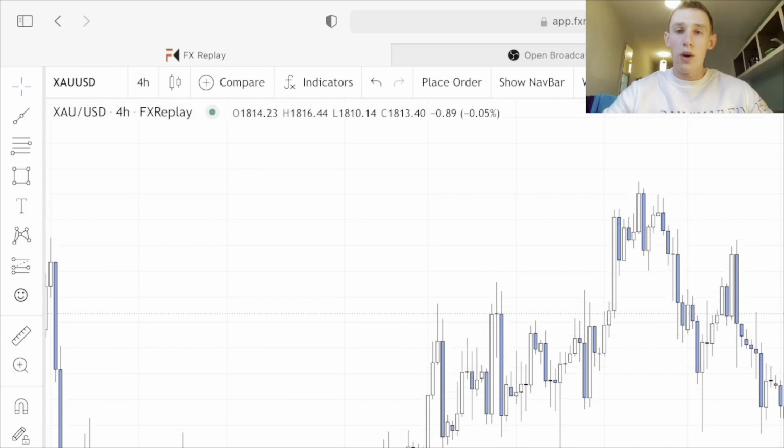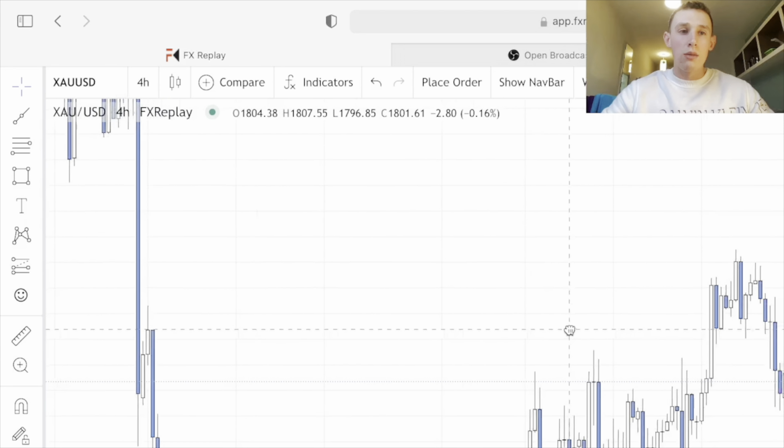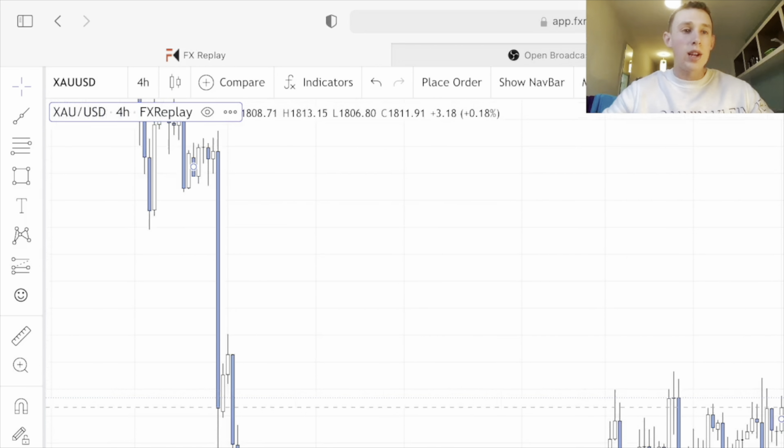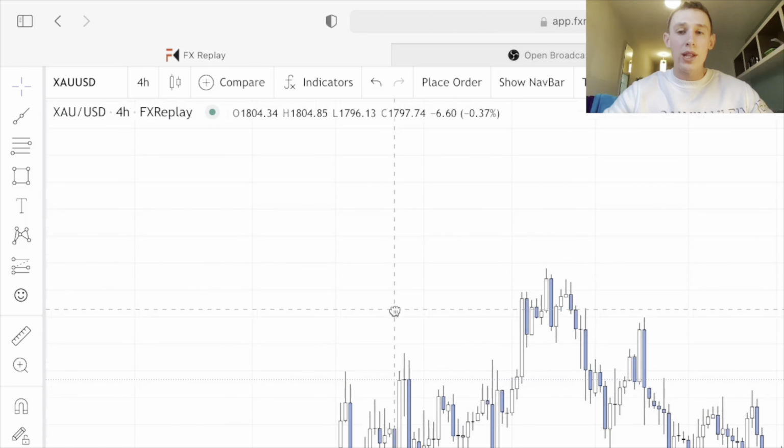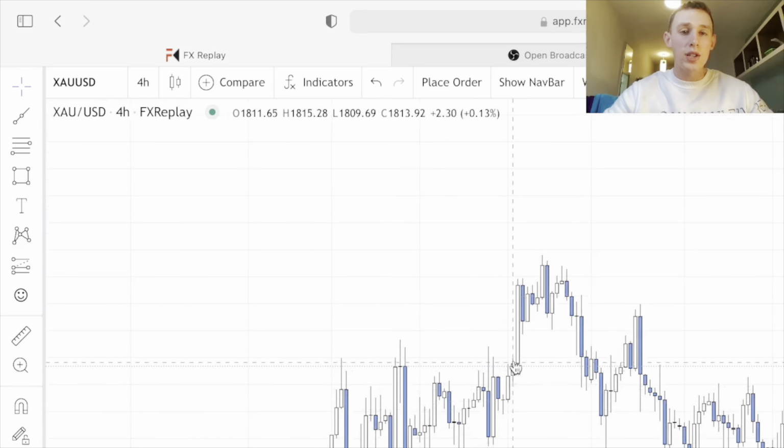Going to the 4-hour, what we can see is that price has come into this whole imbalanced area. We took out these early sellers, and after we did that, price started to move to the downside. We did break past this area of demand. Price came back, almost retested this area of supply, slightly missed it, and then we continued down.